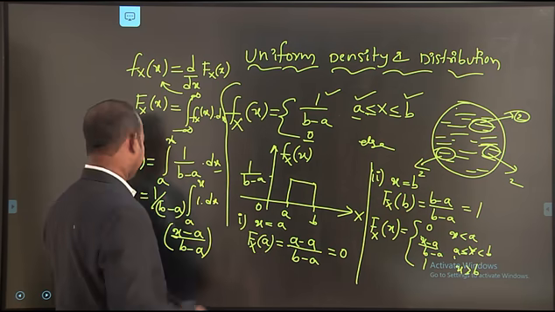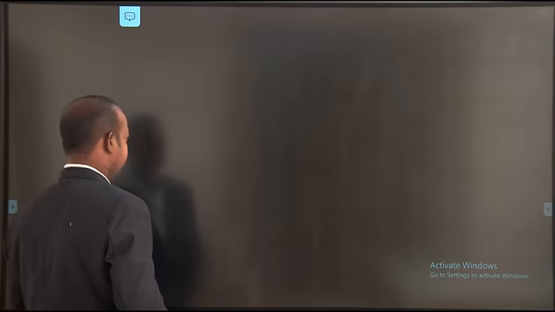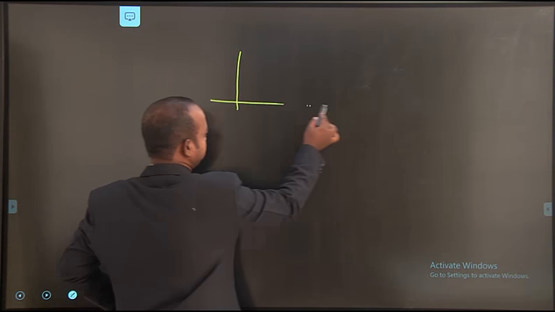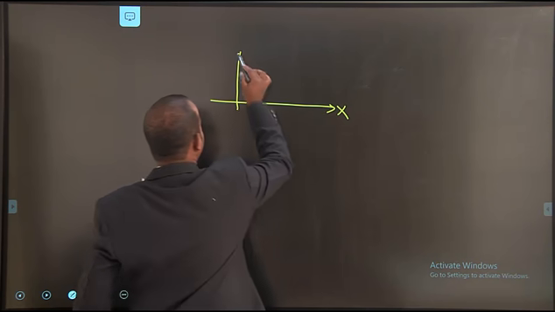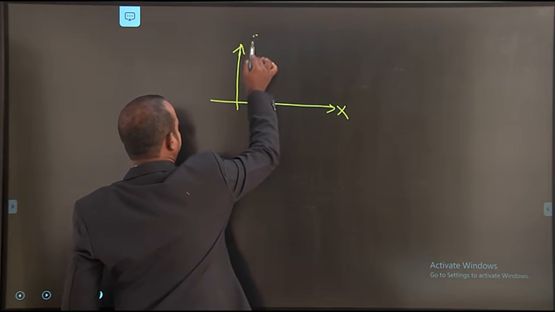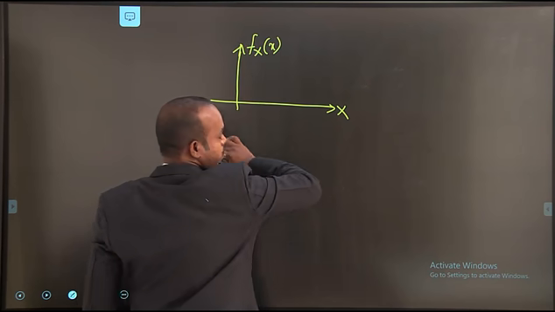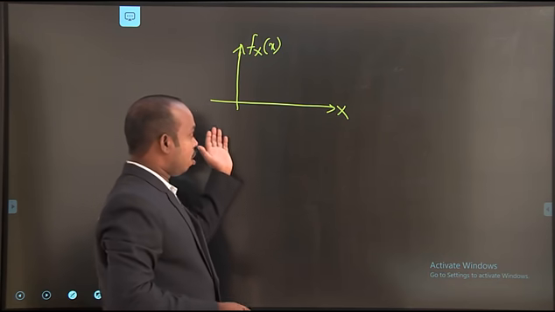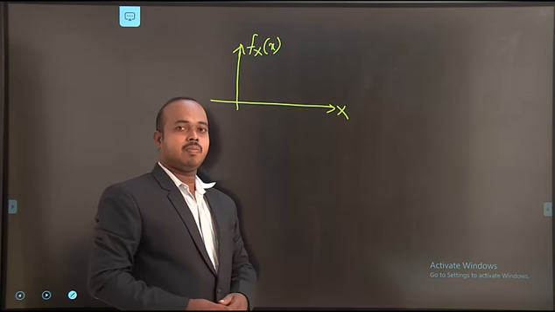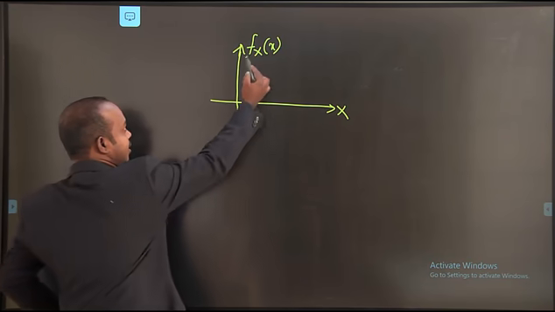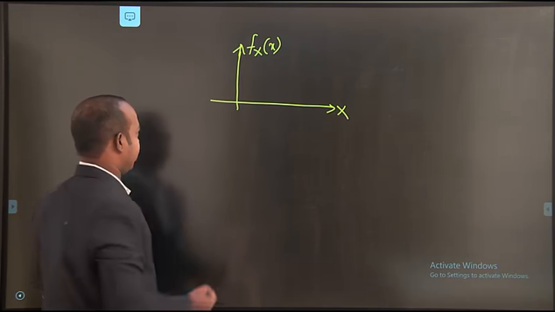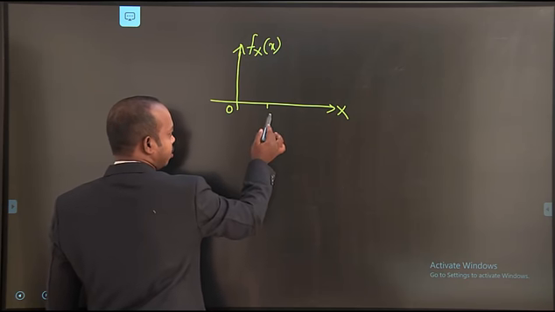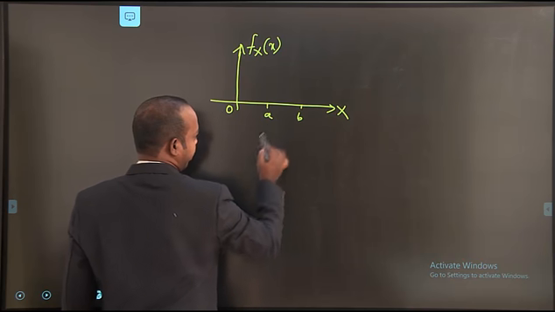How do we represent this graphically? For the density function, in the horizontal direction we take the random variable x, and in the vertical direction we take the density function F_X(x). We consider two real constants a and b.